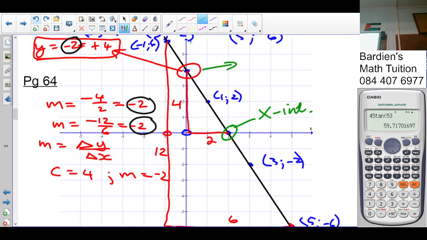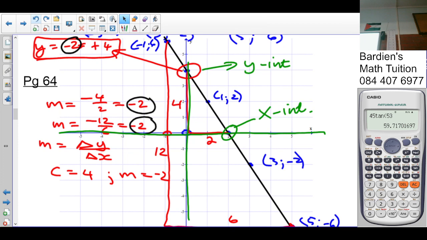And this would then be your y-intercept. Your y-intercept is where the graph cuts your y-axis. No, this is your x-axis. This whole line here is your x-axis, and this whole line here is your y-axis. You understand? So make that note there, people, about your x and y intercepts.